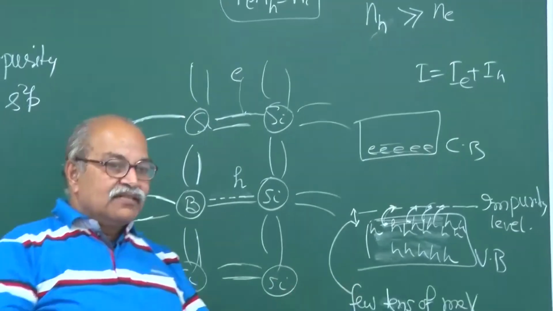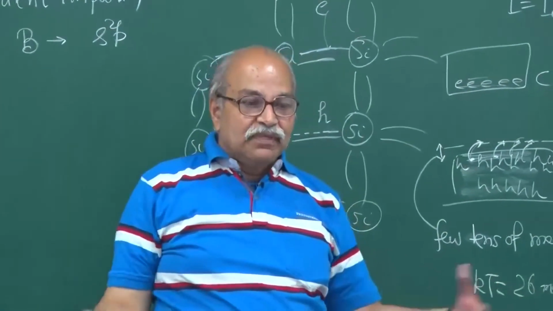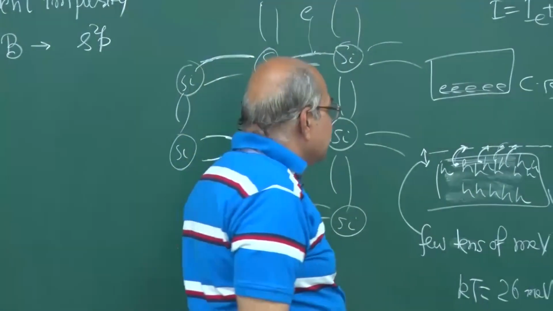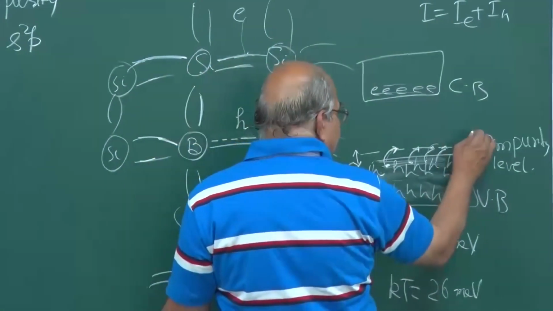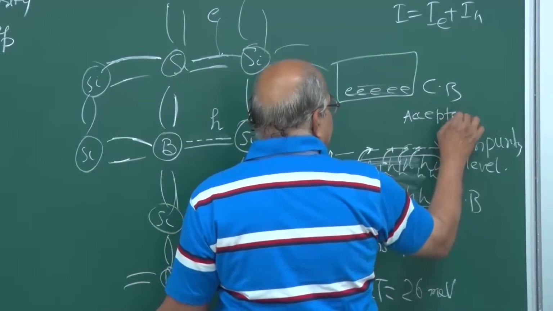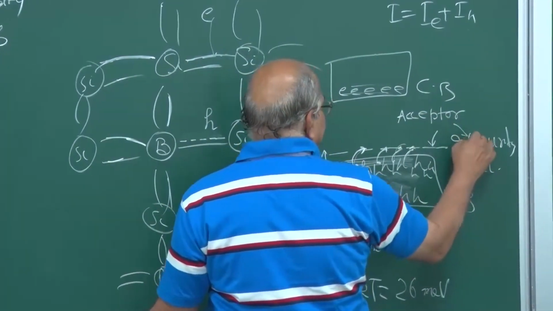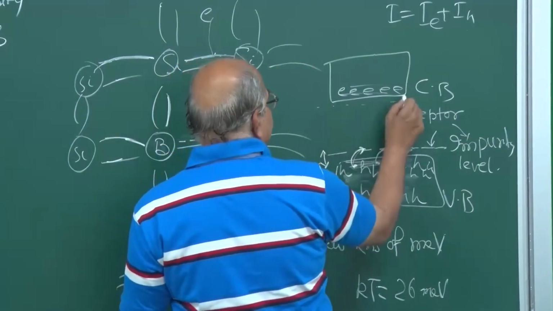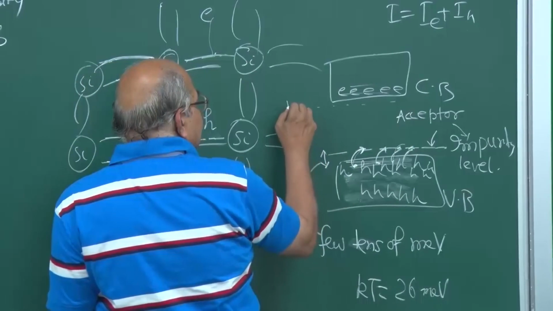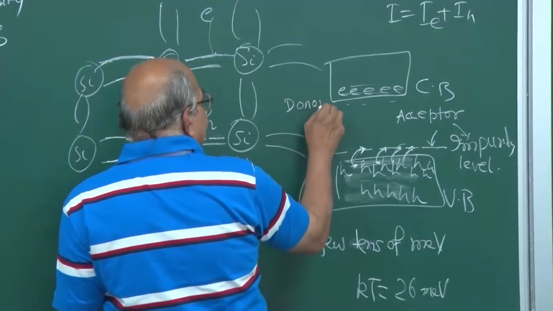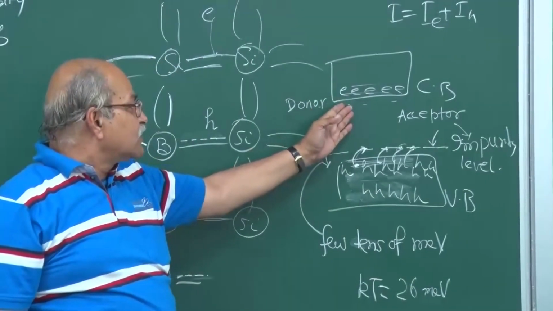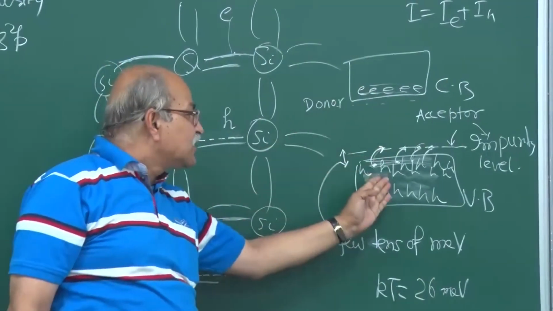So both kinds of doping, p-type doping and n-type doping, create impurity levels. By the way, there's another name for this. This is known as acceptor energy levels, and the energy levels which were created when we did n-type doping are known as donor impurity levels, because they donate electrons while these accept electrons from here.